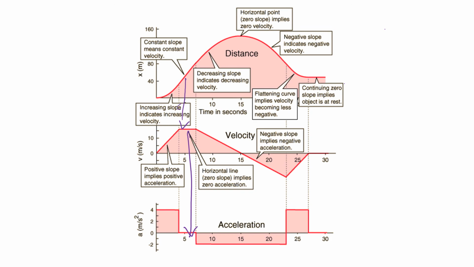So let's talk about when there's not a straight line or a constant gradient. This part of the graph here, increasing slope, indicates increasing velocity. You'll notice that it's getting faster and faster and faster. And this translates to an increasing velocity on our velocity time graph.